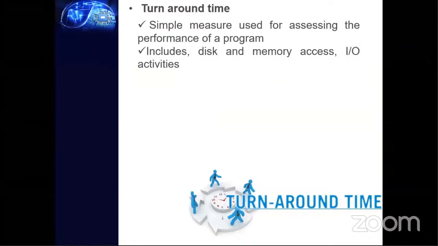The turnaround time involves several factors. What are all the factors included within the turnaround time? The turnaround time involves disk and memory access. Suppose a program has to read the memory. Either the program has to read the primary memory, for example random access memory or main memory, or it has to access the data from secondary storage devices like the hard disk.